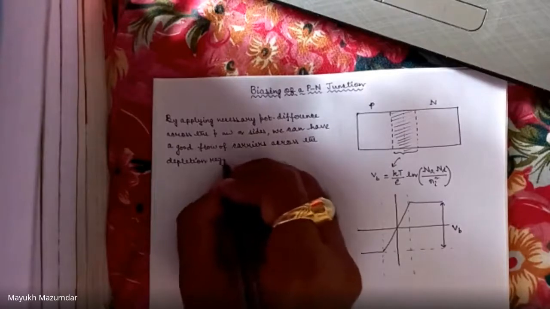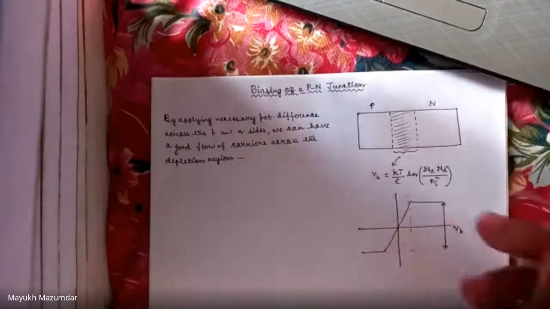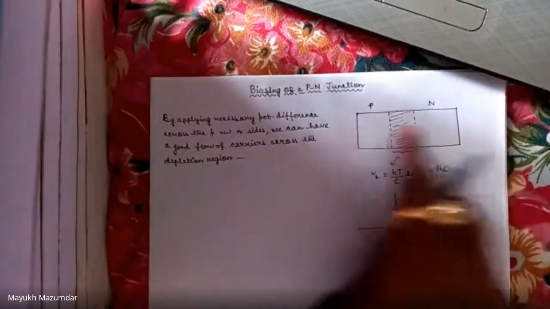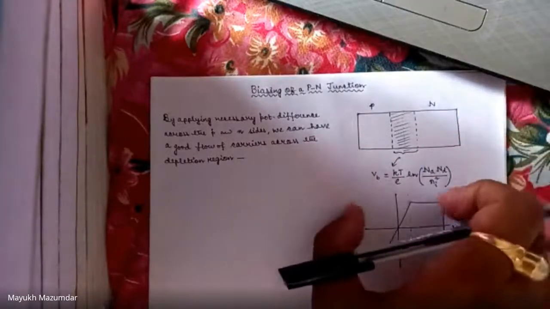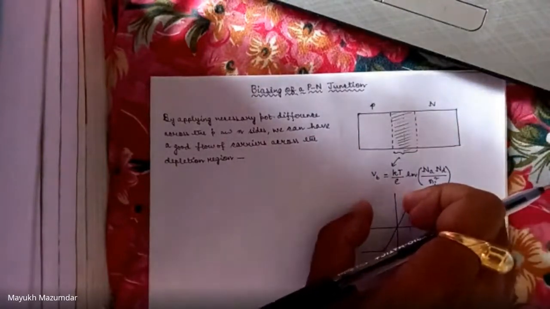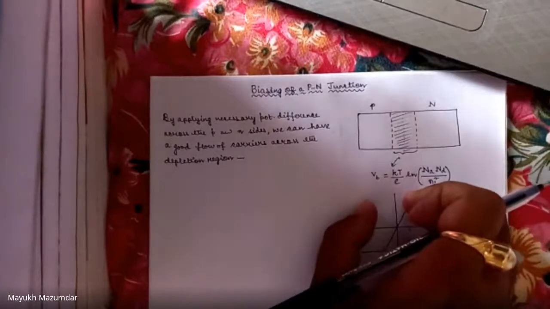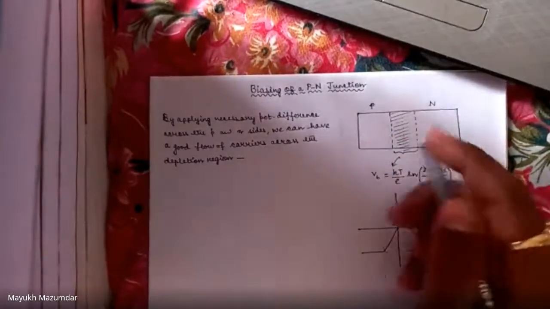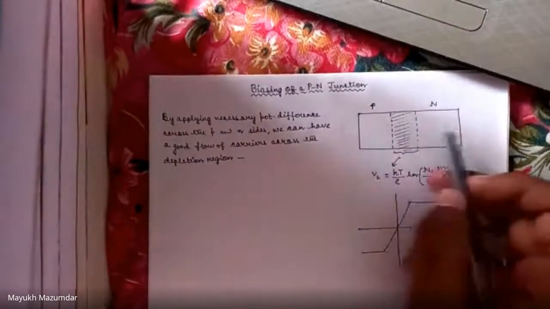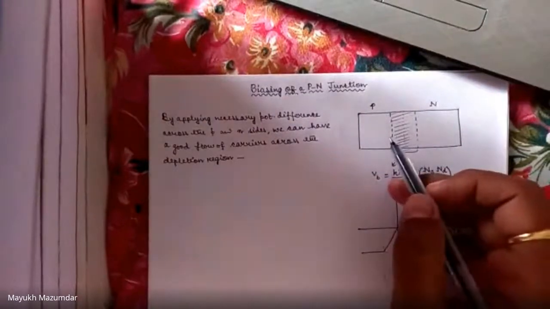I mean the P side and N side, between them, if I connect a potential difference, which has to be such that there would be a good flow of charges across the depletion region, which was previously not possible.